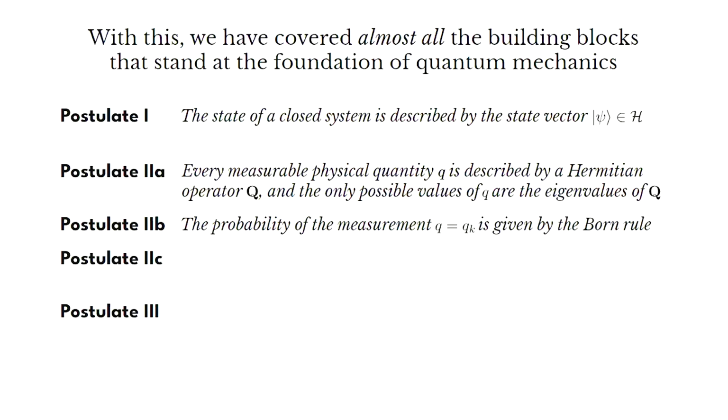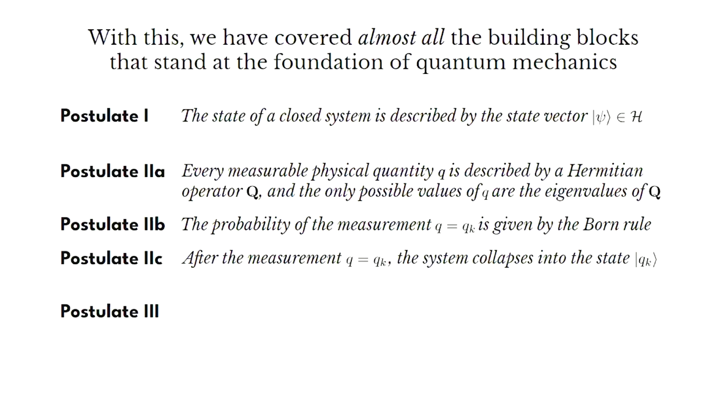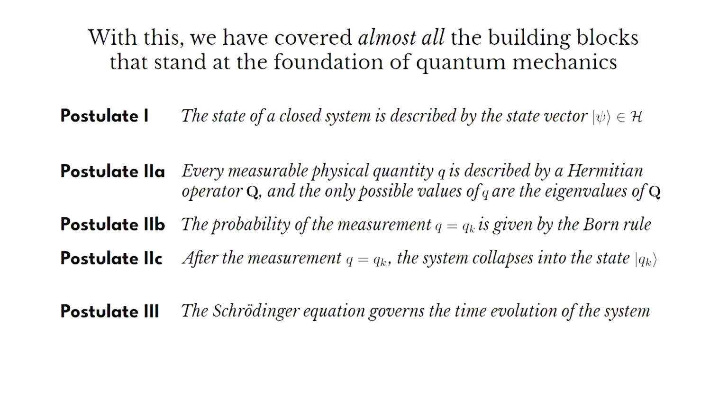And then in the next postulate, the probability of the measurement is given by the Born rule. After the measurement, the system will collapse into the state given by q_k. Now the last piece of the puzzle is that the Schrödinger equation governs the time evolution of the system.